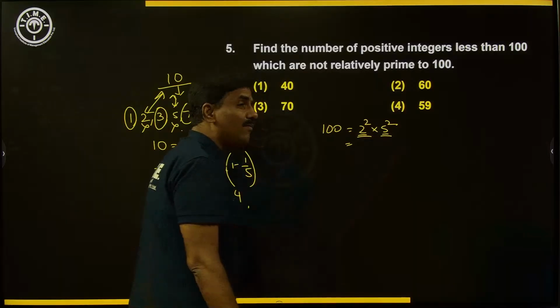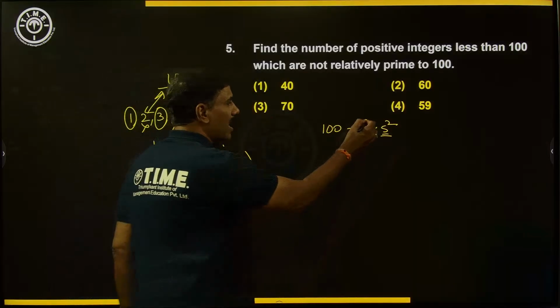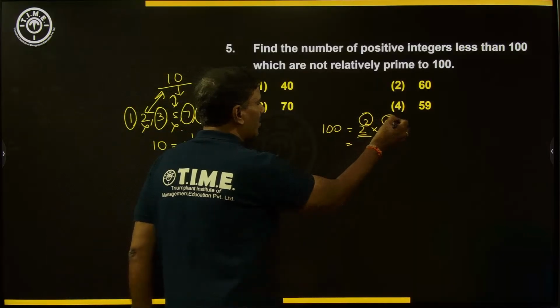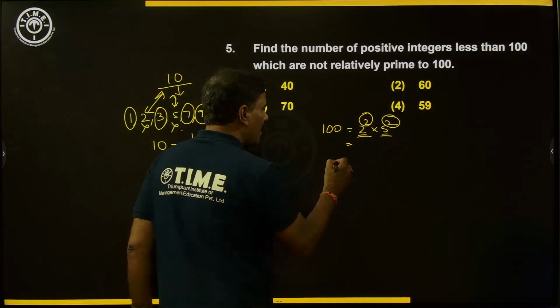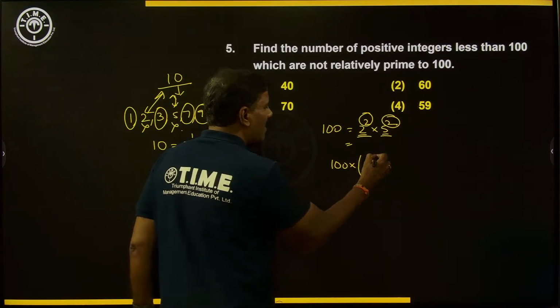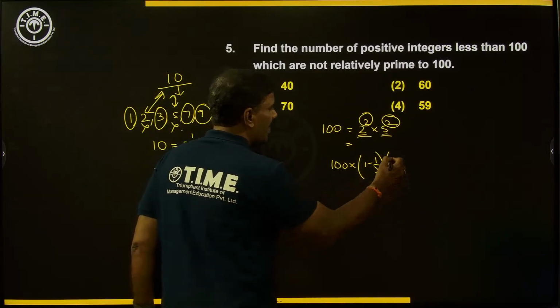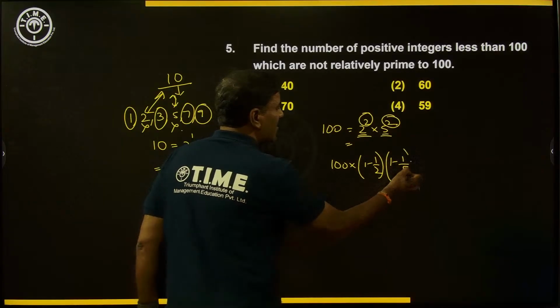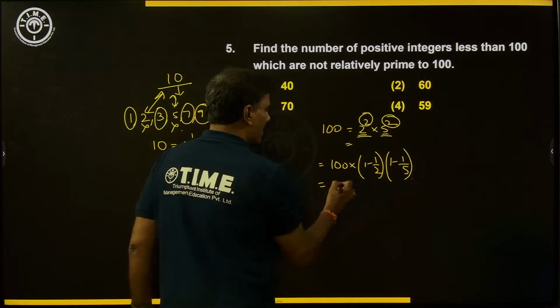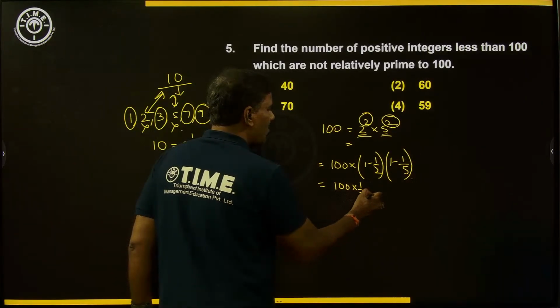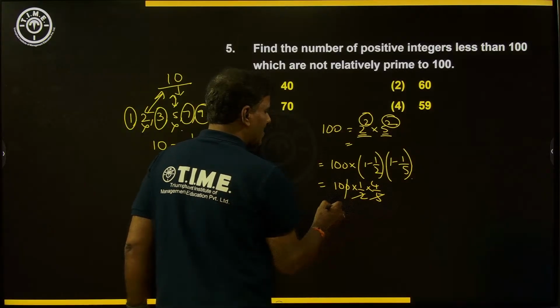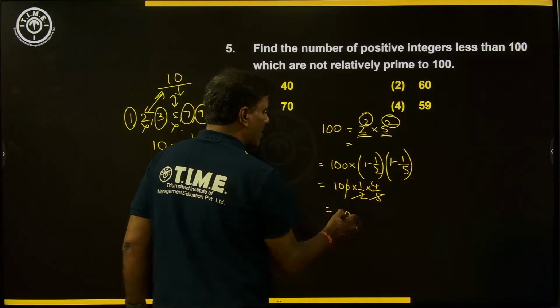For finding the number of co-primes, the indices, the powers, do not have any role. We can ignore them. So multiply 100 with 1 minus 1 by the first prime factor, which is 2, and 1 minus 1 by the second prime factor, 5. So 100 into 1 by 2 into 4 by 5. 2 fives are 10, which cancels with the 10 here, so 4 into 10 is 40.